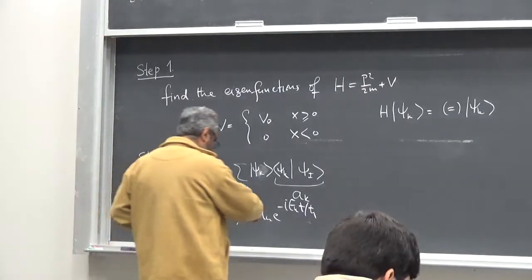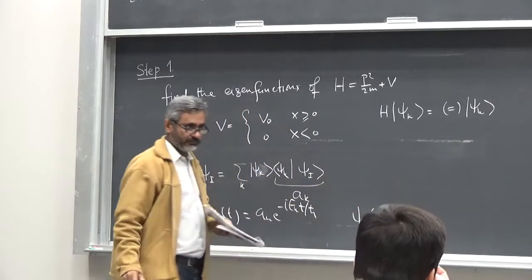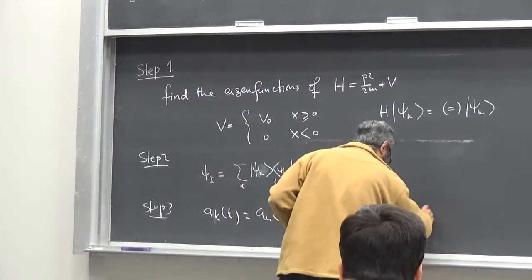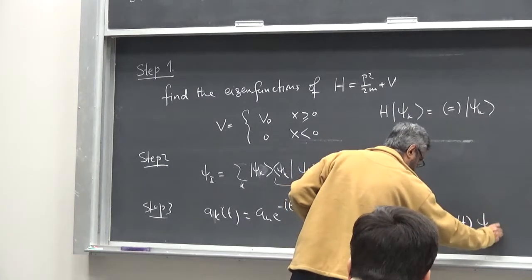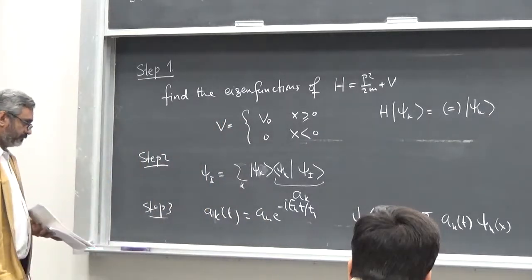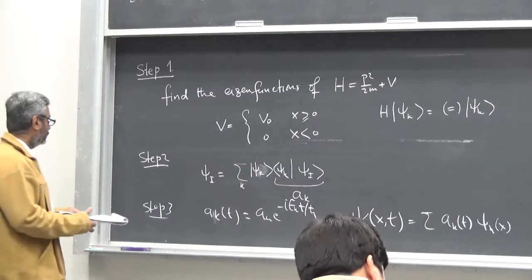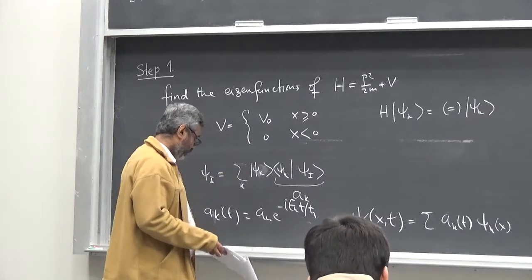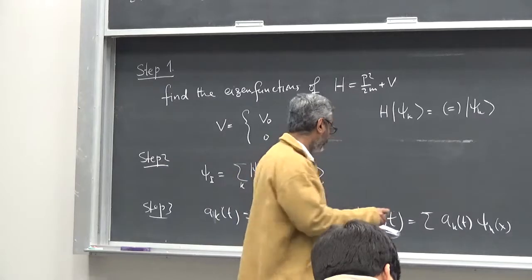Right? Which means that you know what psi of x, t is now. It's just going to be whatever, sum of A k of t and psi k. Right? So, find the eigenstates of the Hamiltonian, expand, evolve in time, and then the final step is, what is step 4?